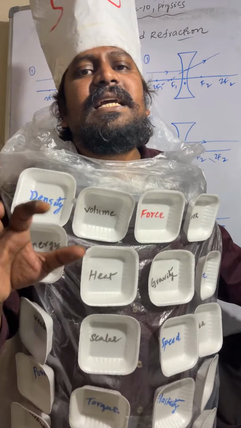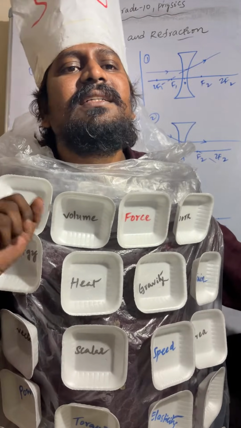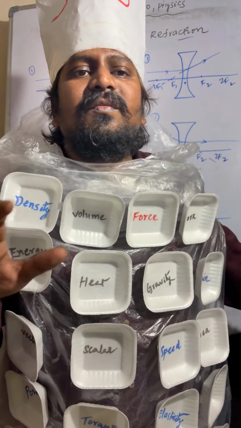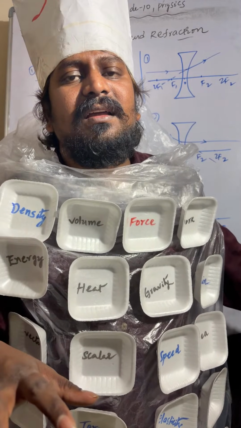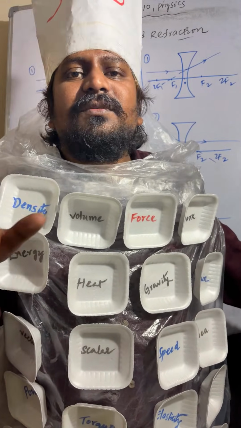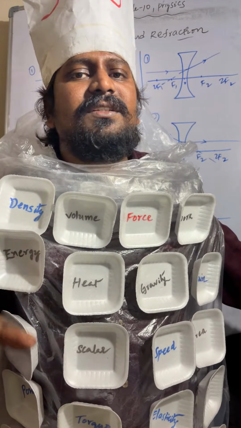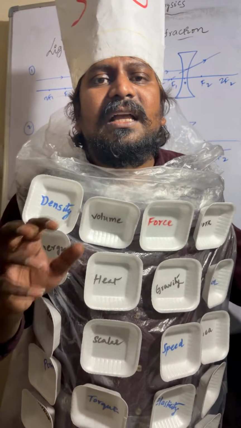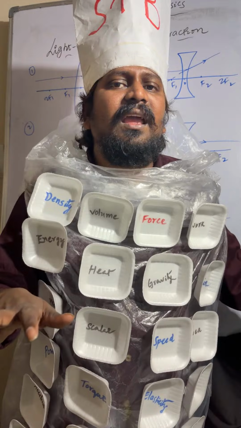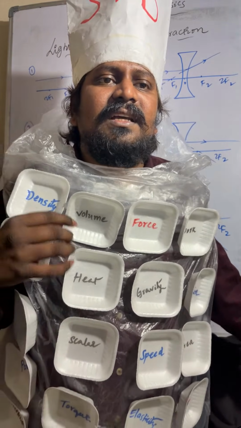New Cartesian, sign convention, New Cartesian, sign convention, all distance measure from the pole. Distance are positive along the instant trace. Distance are negative opposite to instant trace.